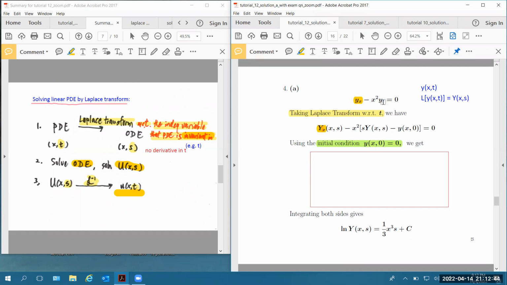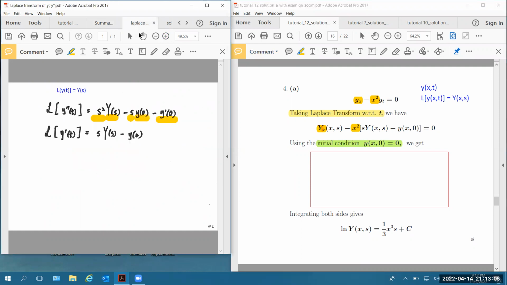Then the next thing is minus x squared, then you got y subscript t, which means del y del t. Now x squared here is considered like a constant, so this constant is still here. For the y subscript t, the derivative with respect to t, you want to Laplace transform, so we refer to this well-known formula.